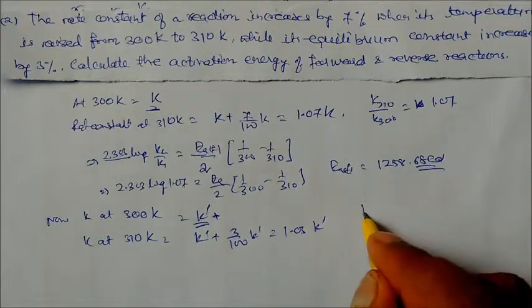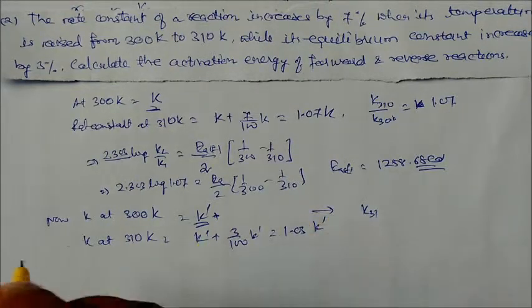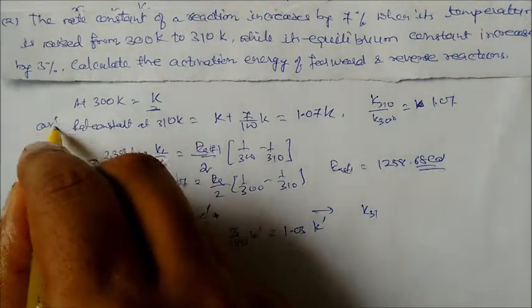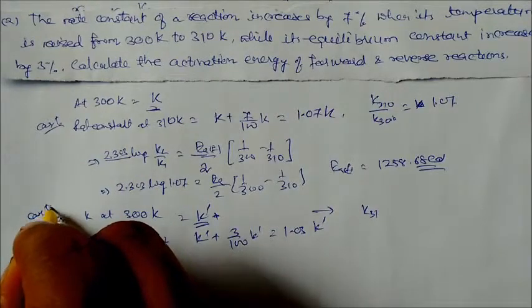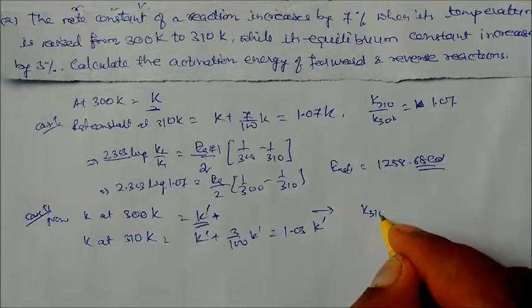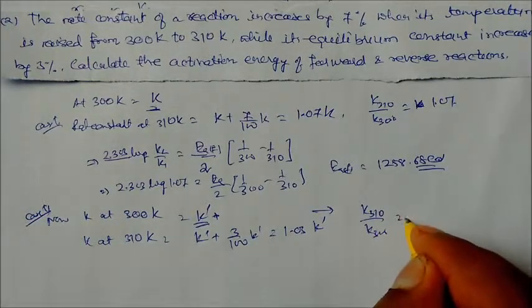This is case 1 and this is case 2. So K at 310 by K at 300 will be equal to 1.03.